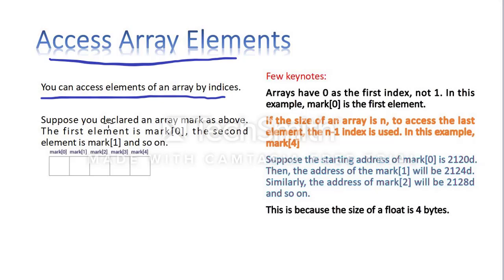Suppose you declared an array mark as above. We have already seen that mark has taken float numbers. The first element is mark 0, because the index of the array starts from 0. Next is 1, then 2, 3 and 4.